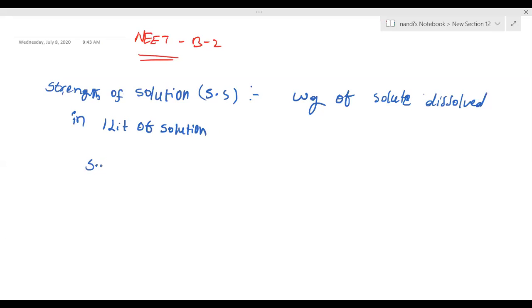The strength of solution equals W gram by V liter. We convert liter into ml, we can get W gram by V ml into 1000. This is the strength of solution formula.